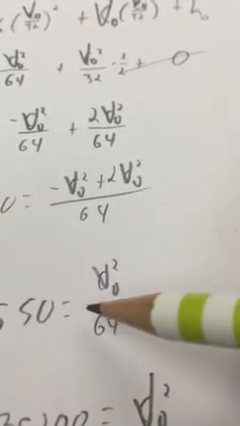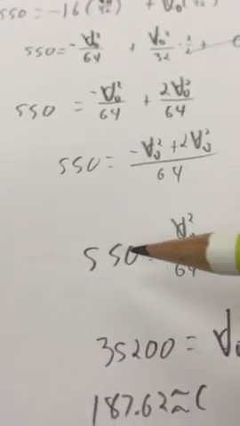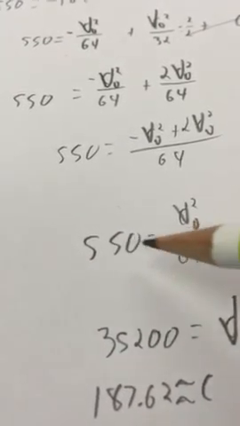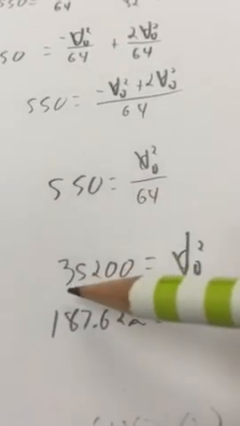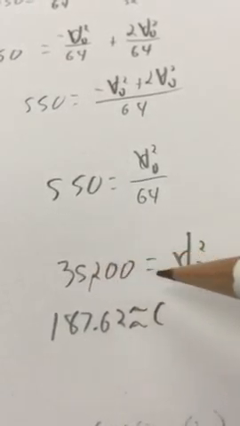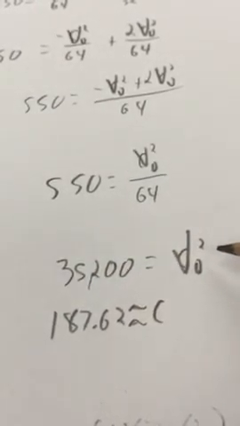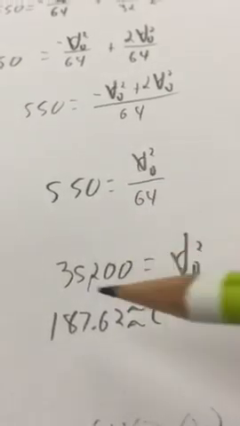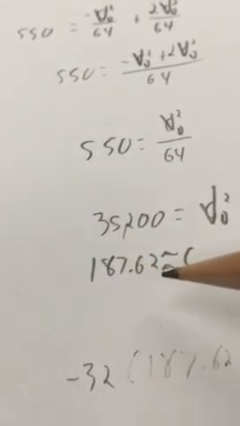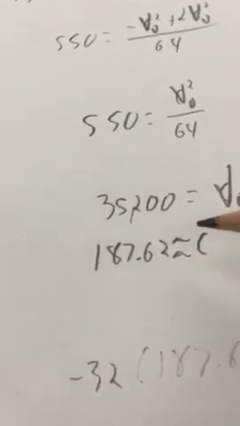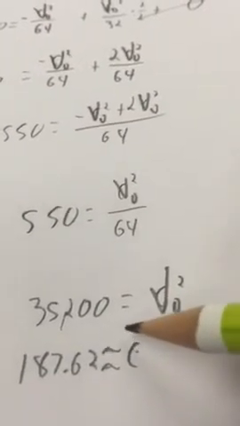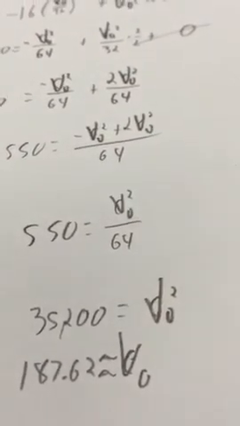V sub 0 squared over 64 equals 550. Multiply both sides by 64 and you get 35,200 is equal to v sub 0 squared. Square root both sides, and you get approximately 187.62 is equal to v sub 0. Okay?